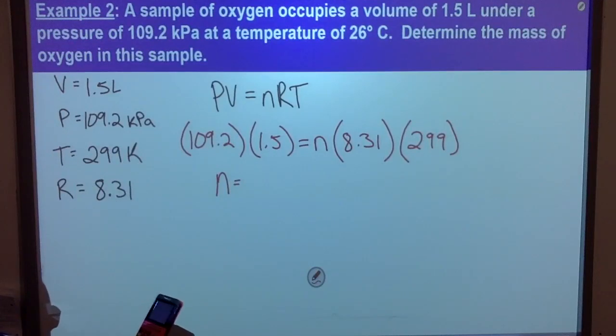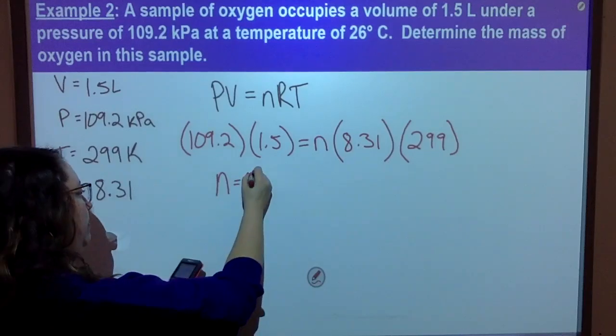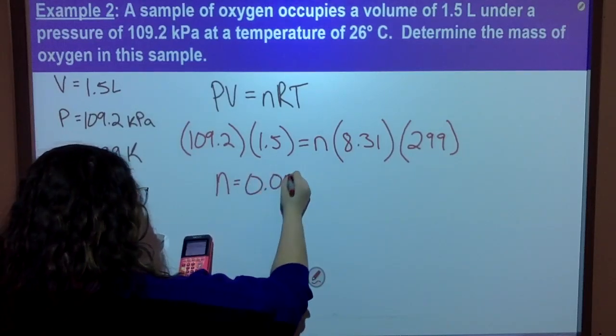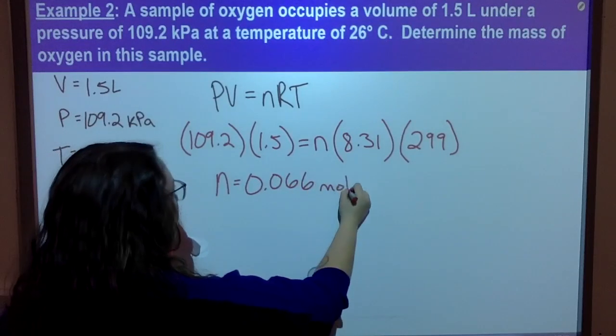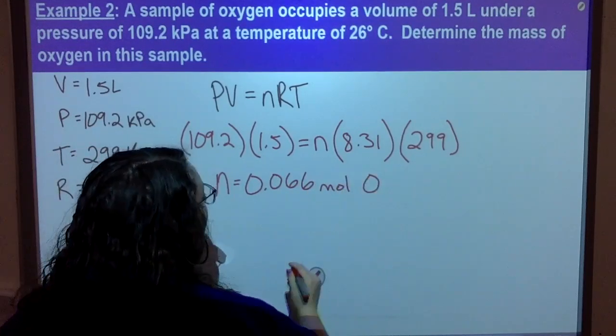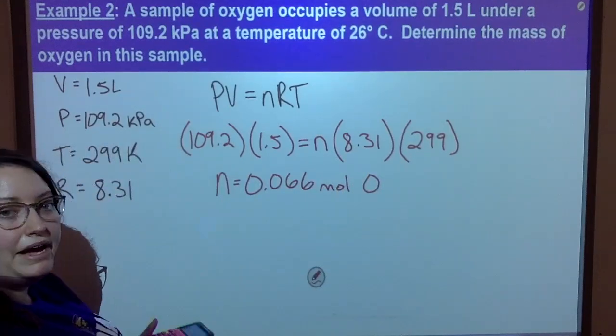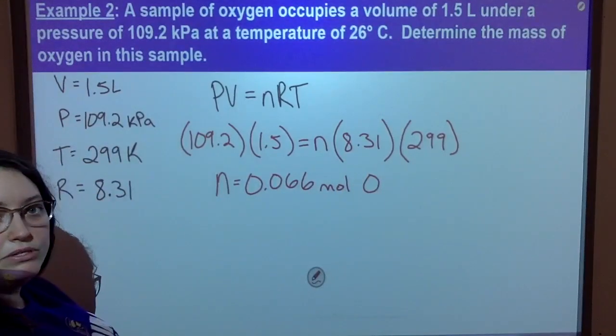It's going to be 109.2 times 1.5 divided by 8.31 times 299. Okay, it's going to give you 0.066 moles of oxygen.